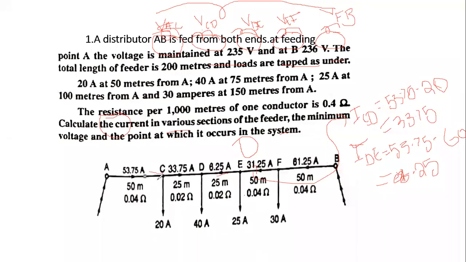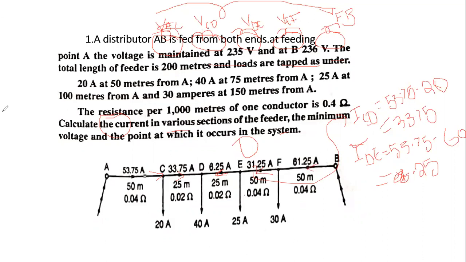The direction is like this up to the C to D point. After that we change the direction, because the value of 6.25 is obtained as a negative value. That means we can change this direction also.